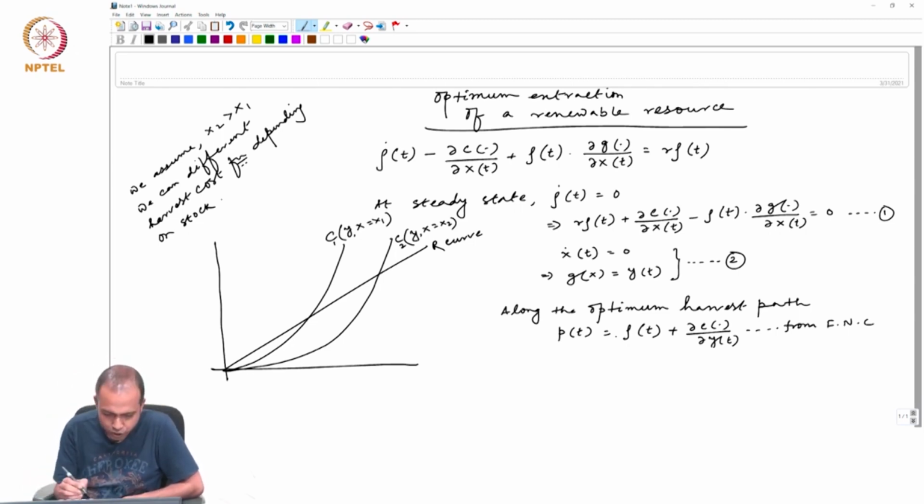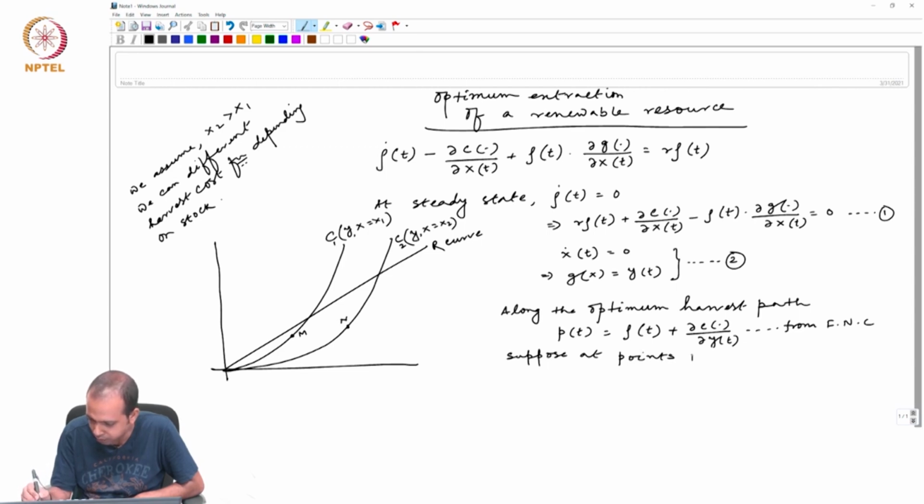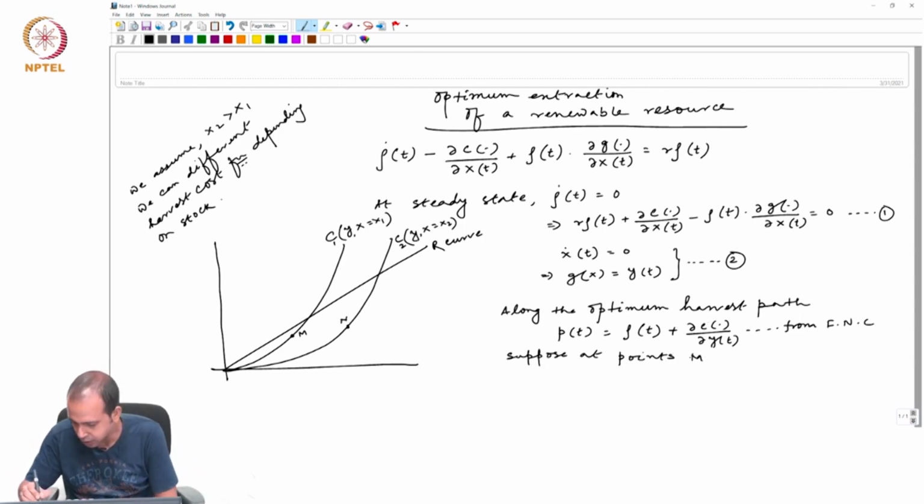Now, let us suppose at points M and N, let us say this is point M and this is point N, the above condition is satisfied.